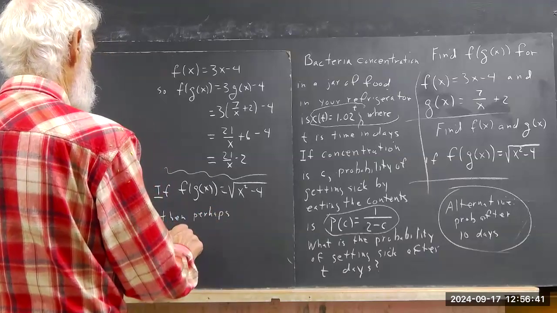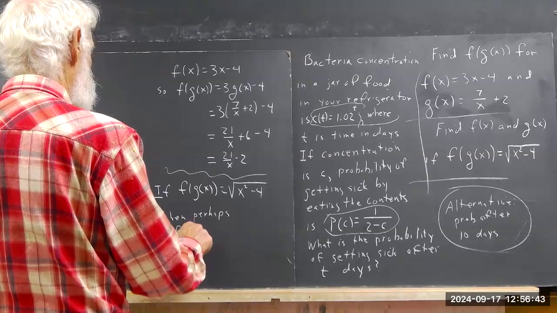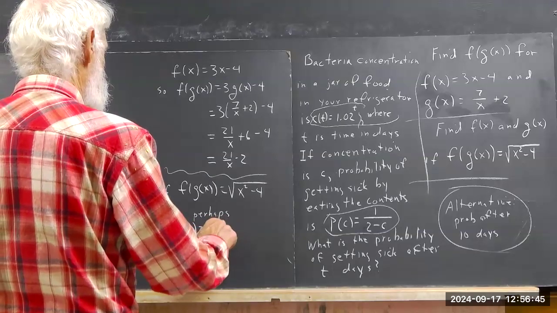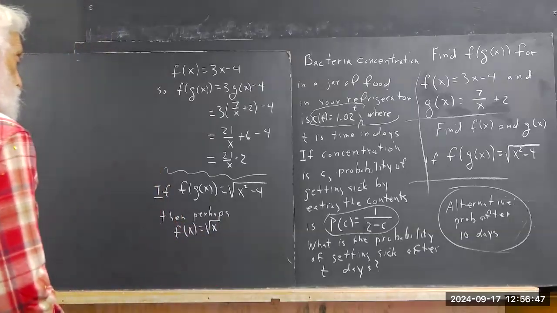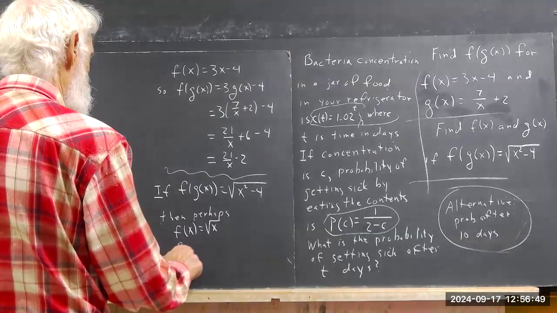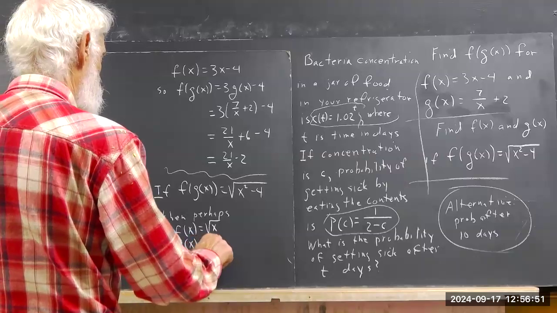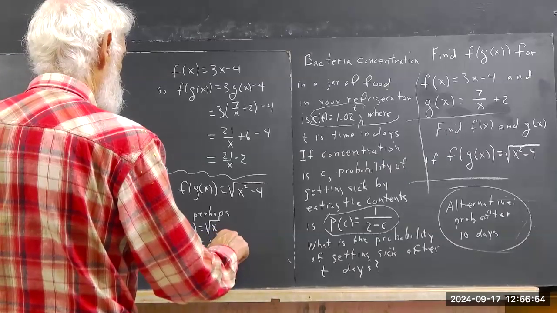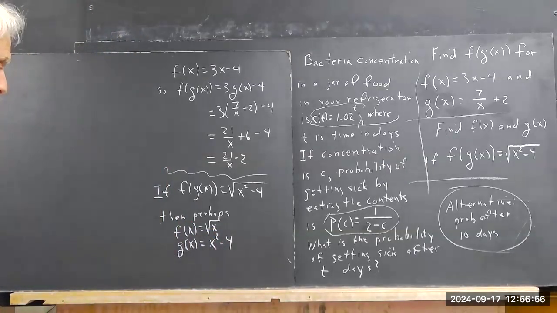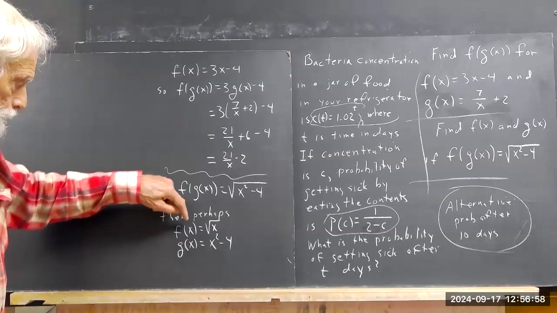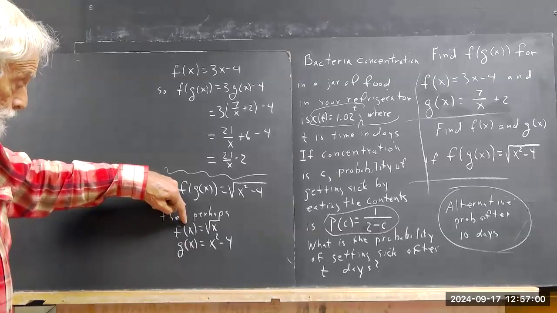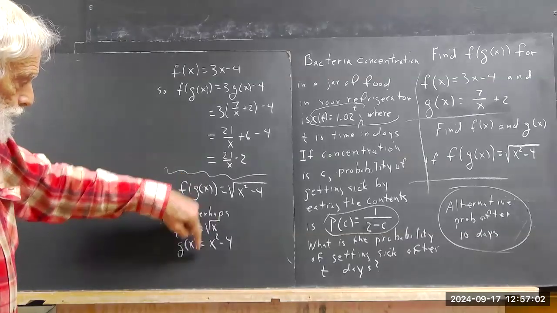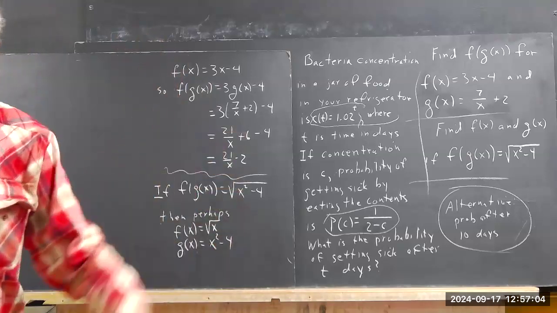Perhaps f of x is the square root of x, and g of x is x squared minus 4. Because you plug in g of x for x, you get f of g of x. Then replace this x by x squared minus 4, and there you have it.